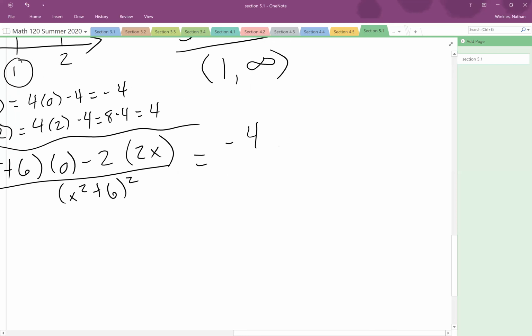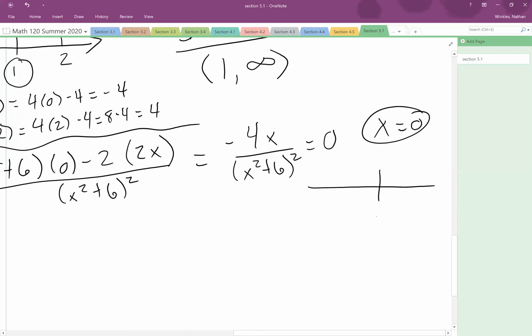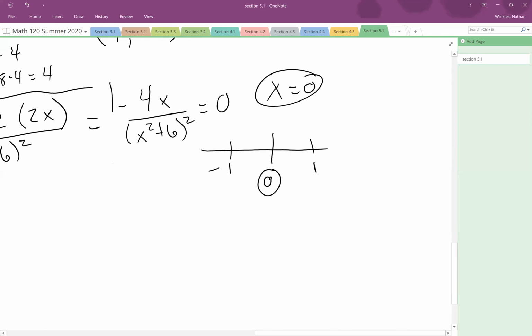So minus 4x over x squared plus 6 all squared. Set that equal to 0, we get x equals 0. So on our number line, we have 0, so you can plug in -1 and 1. Now keep in mind for this problem right here, our denominator is always positive because it's squared. So the only thing we really have to worry about is that numerator.